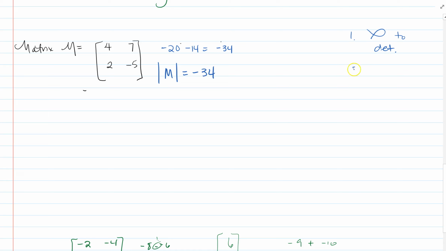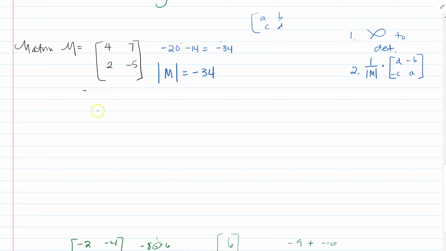Now, step 2, take 1 over the determinant times, and I'll put over here, I hope you understand what I'm doing with ABCD, D, A, negative B, negative C. Okay, so let's do that.